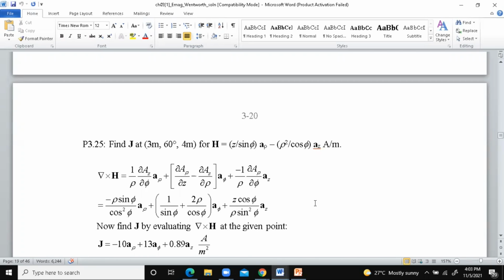I don't see how it got flipped up to the top. Because 1 over rho becomes minus rho for this calculation. That's because of the cross product, right, sir? Yeah. All right, just wanted to make sure.